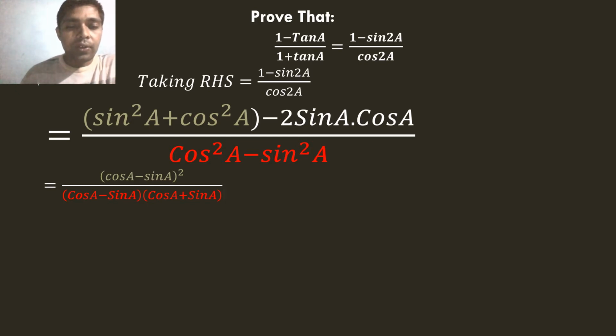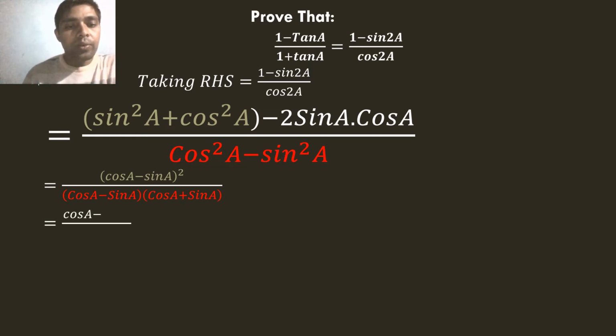In case of a whole square we can write sin a minus cos a also, or cos a minus sin a also. There is no problem, we can use both, but we keep the one which is required. So according to our condition we have to use cos a minus sin a so that we can get cancellation.